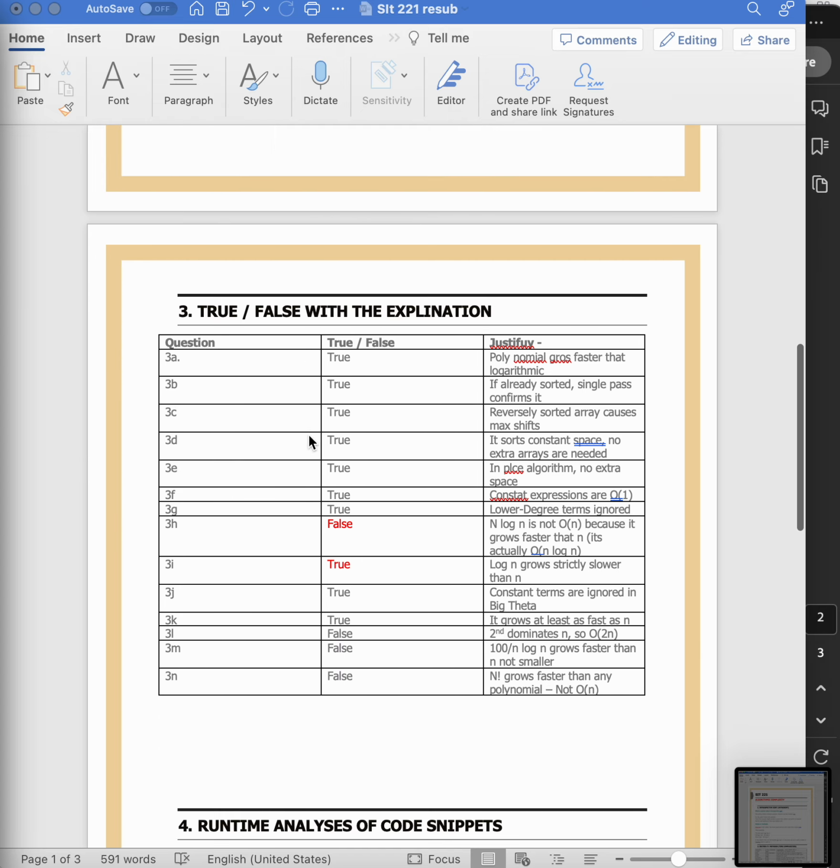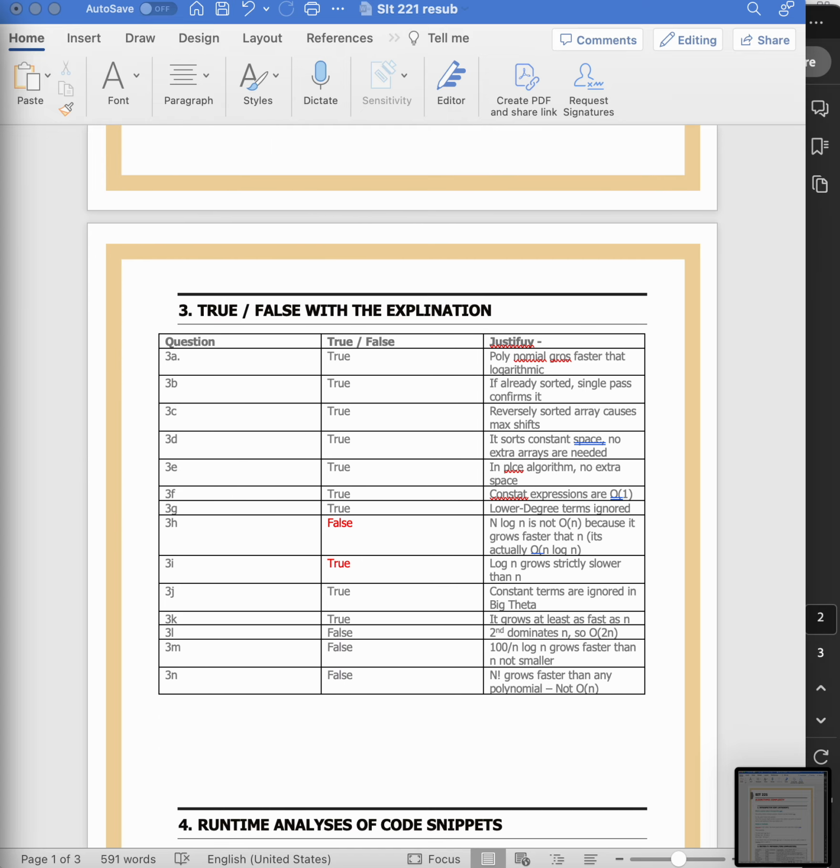So, true or false questions now. The first one, A, was true, because n cubed grows way faster than log n, because n gets big.